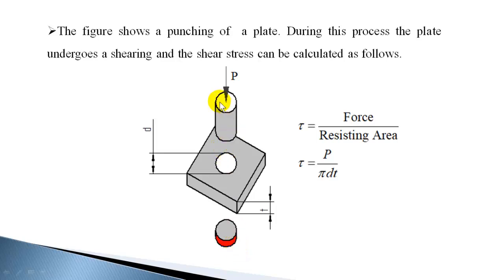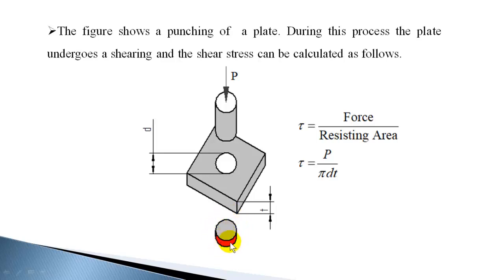So the punch is shearing the plate, and the corresponding stress induced is shear stress, and you can find the shear stress as force divided by resisting area or shearing area. In this case force is P, and to calculate the resisting area you can calculate the circumference of this into the thickness of the plate.